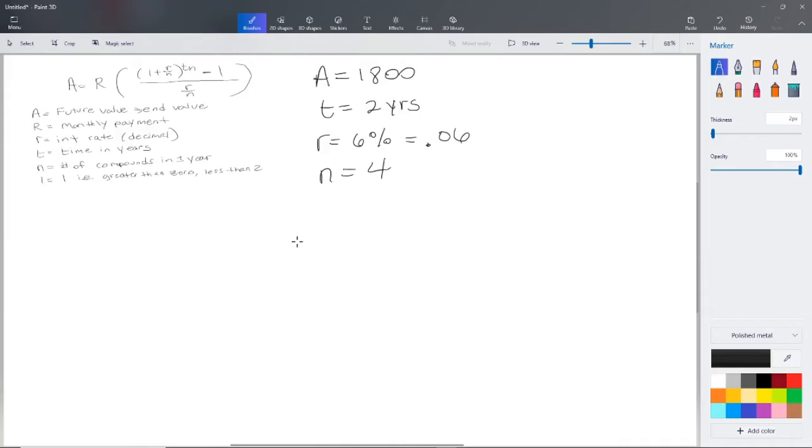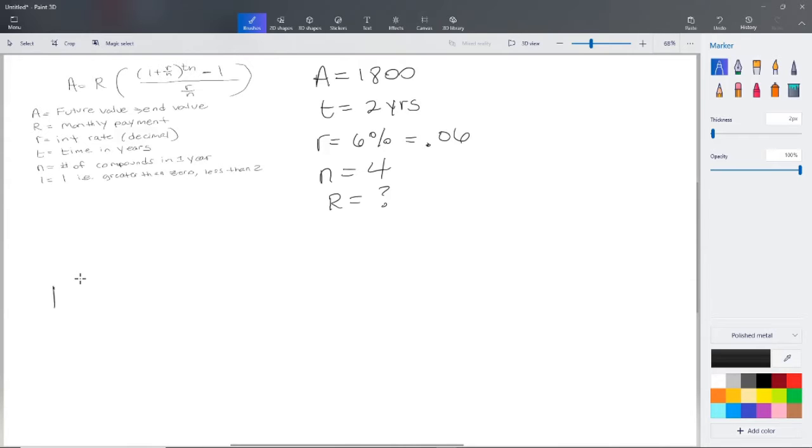Back to our example, it says, what should your quarterly payment be? In other words, what is the big R in this case? Let's take all those numbers and set it up down here, giving ourselves plenty of room.